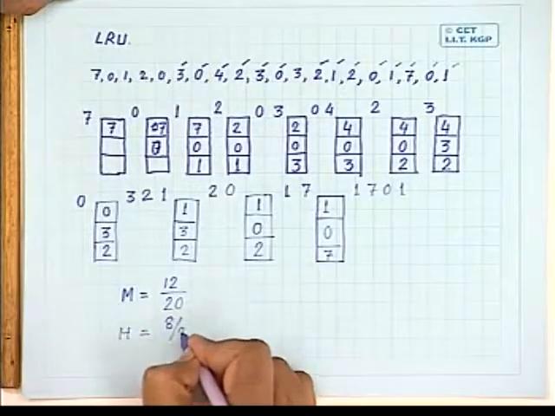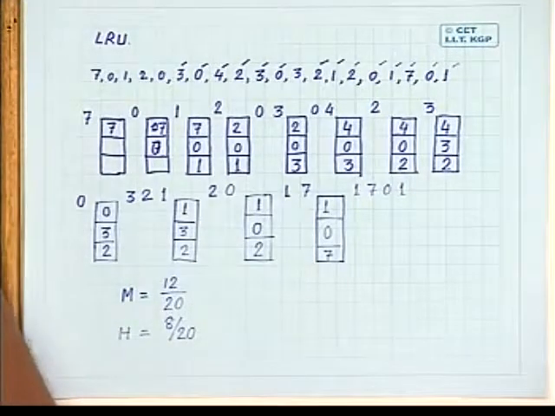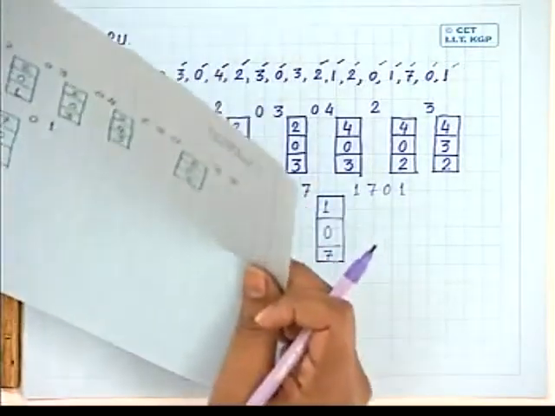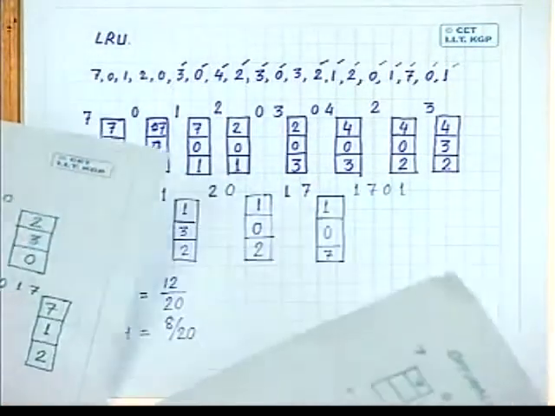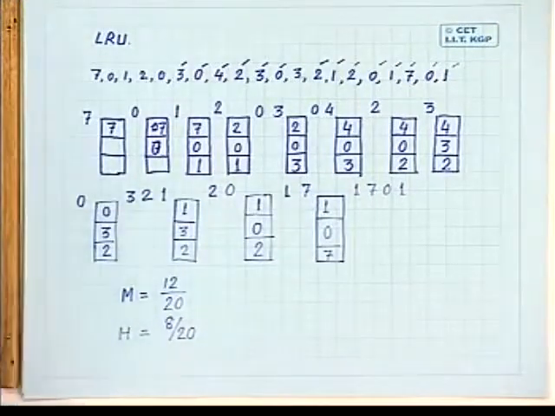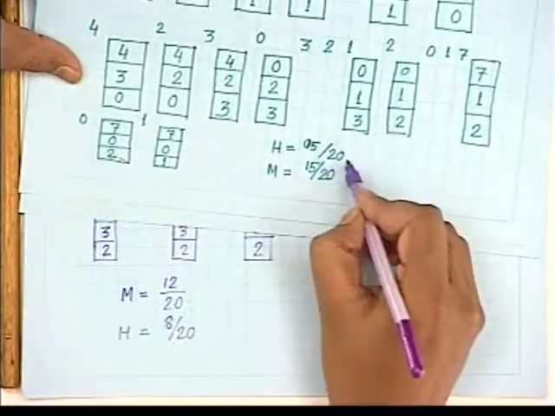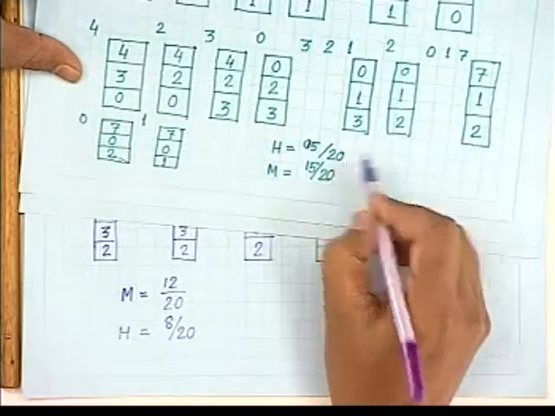8 by 20. Okay. Now if you compare this FIFO algorithm, optimal algorithm, and this LRU algorithm, you find that in case of FIFO algorithm, your hit ratio was 5 by 20. Okay.